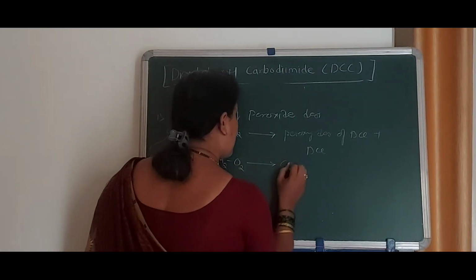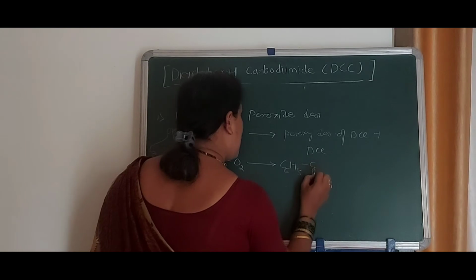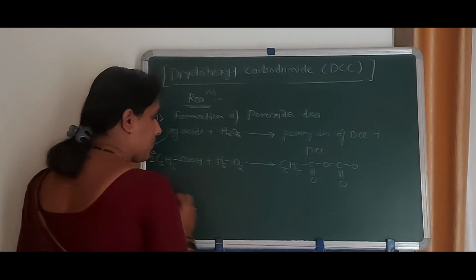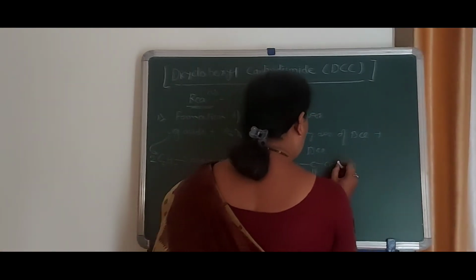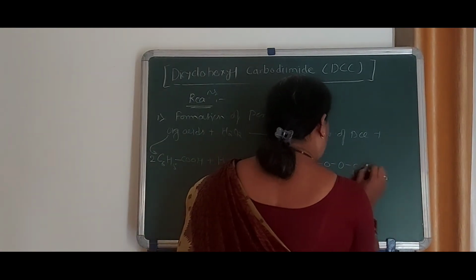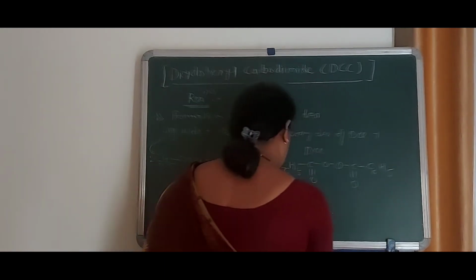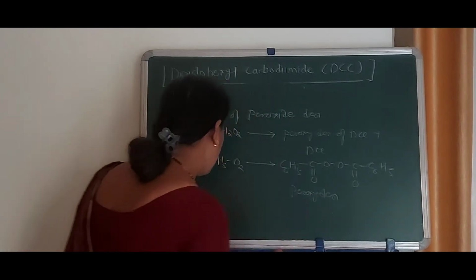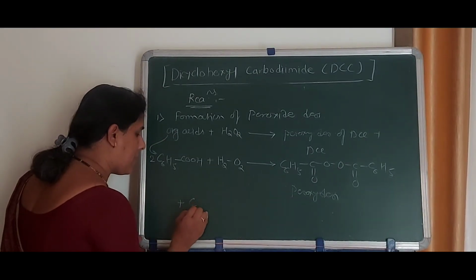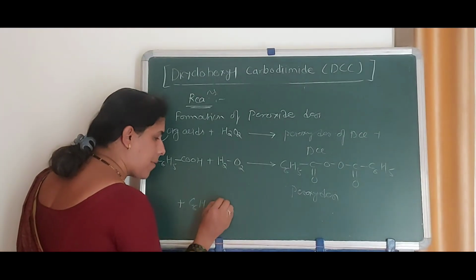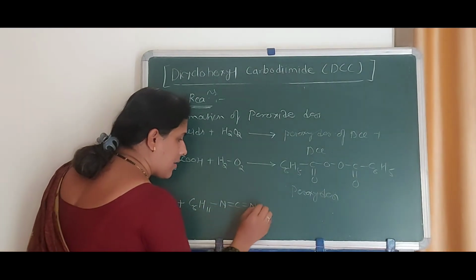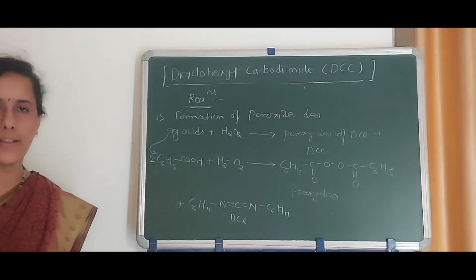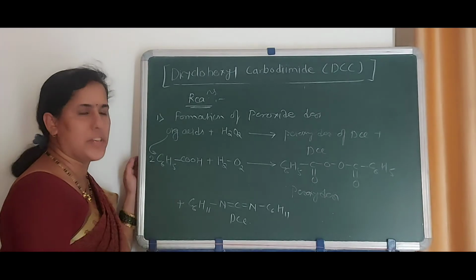There is formation of C6H5COO OCO C6H5, the peroxide derivative, plus the product C6H11 and C6H11, again regeneration of DCC. This is the first application.